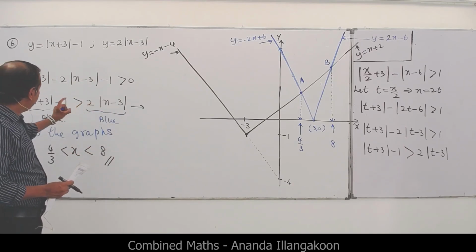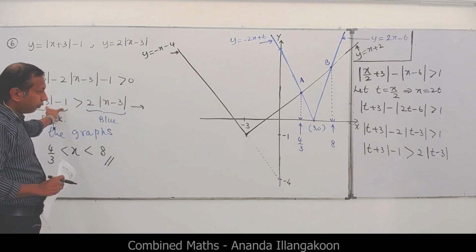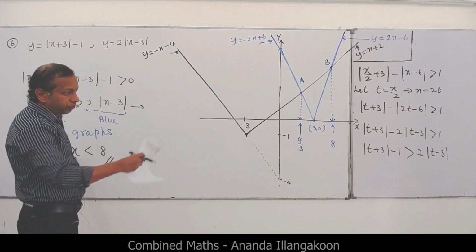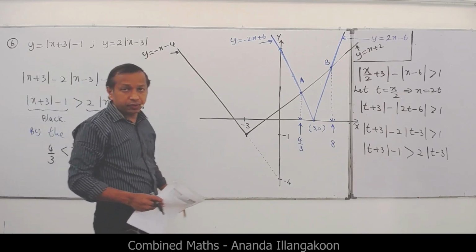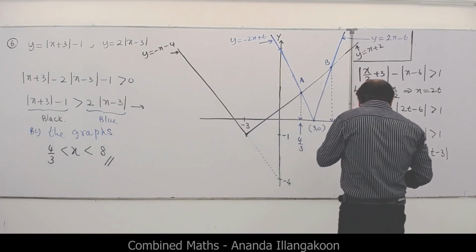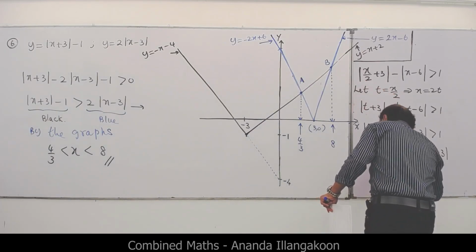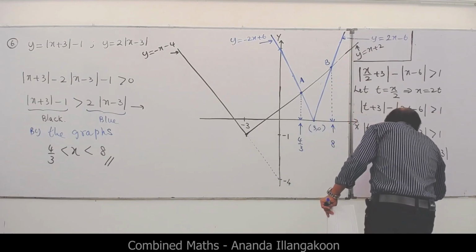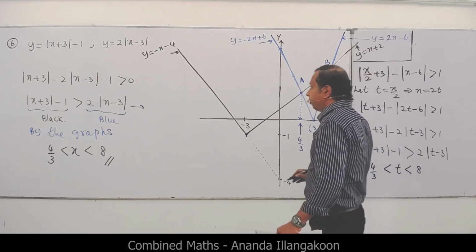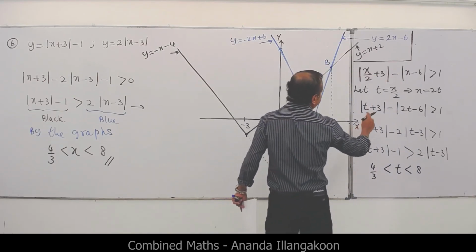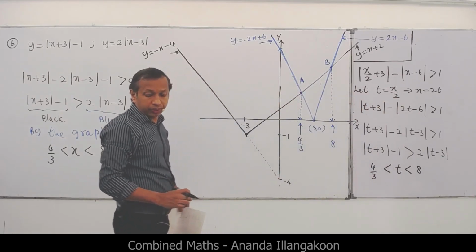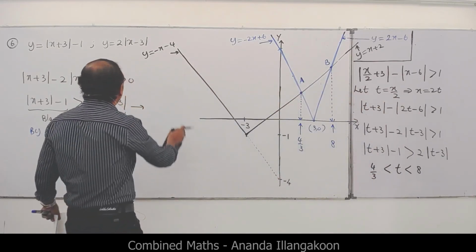Therefore, if we get the answer for x like this, the same answer for t we can write, because instead of that x here we have t. So I can write here t less than 8 and greater than 4 by 3. But our t is what, people? x by 2. Then in the place of t we can put x by 2. Now we can take the final answer thereby.